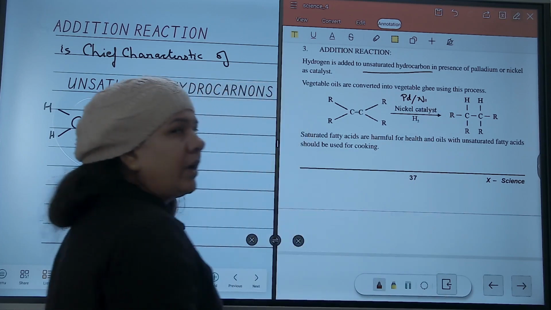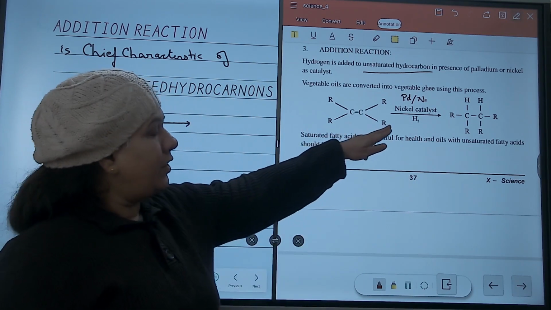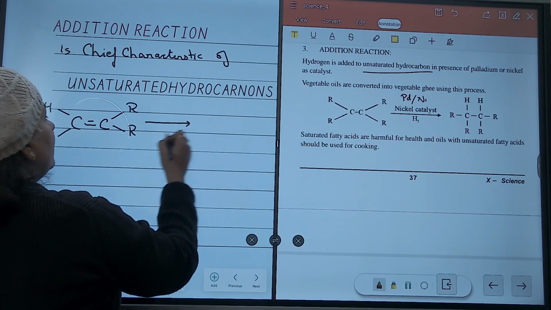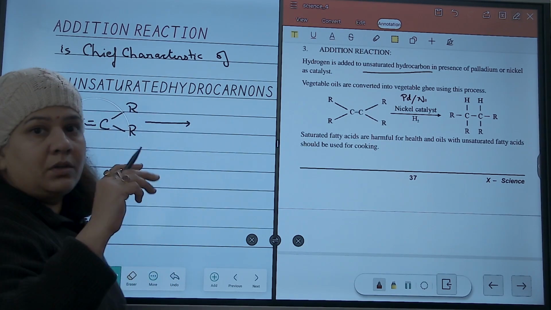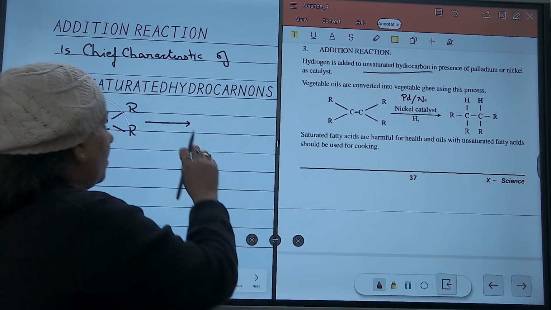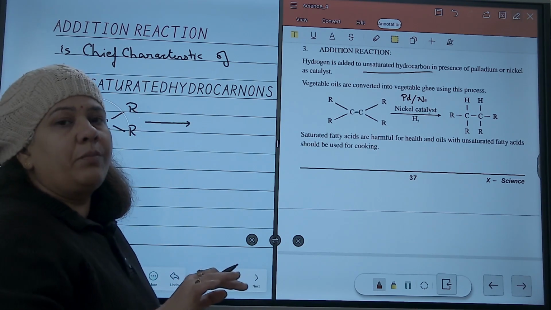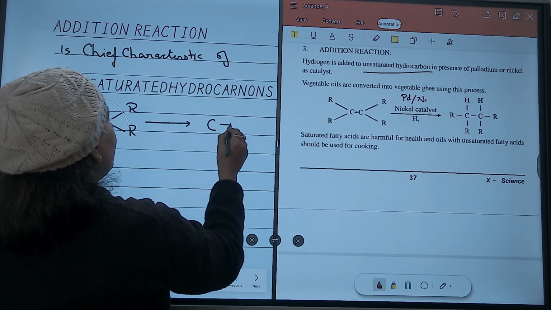So these are the two catalysts which are helping in addition of hydrogen. See why it is called addition, because out of these four positions which are occupied by the atoms or the group of atoms, they are not being replaced. See, they will remain.